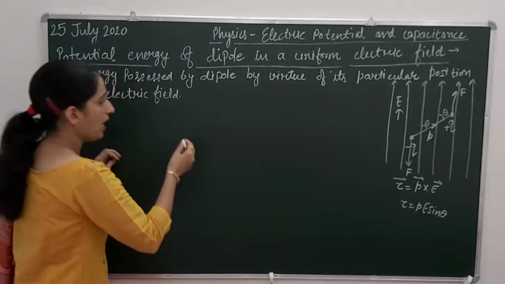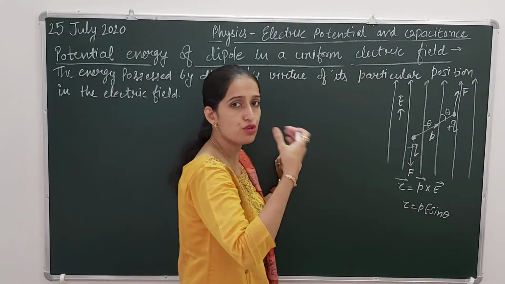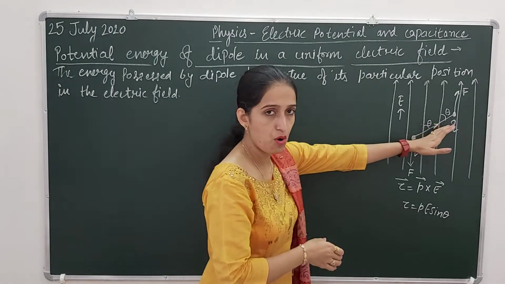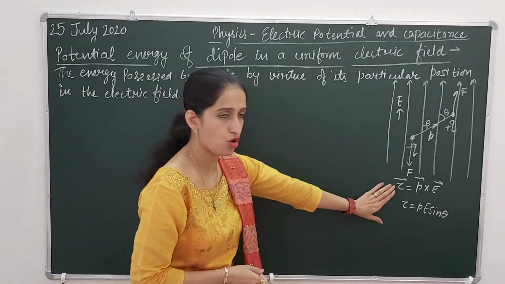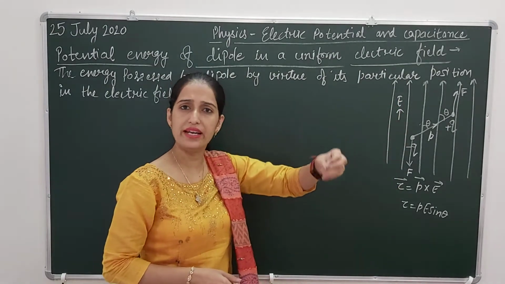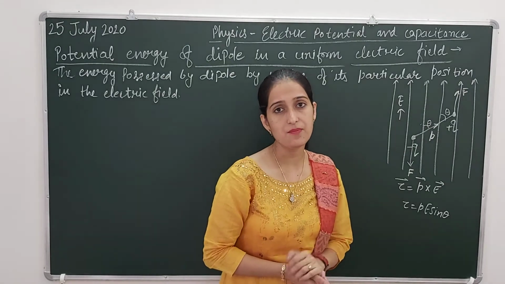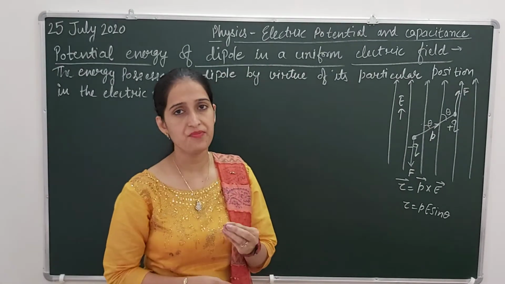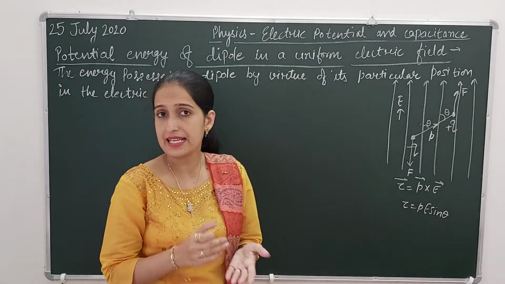Suppose I am trying to rotate this dipole through a small angle d theta against the torque acting on it, because whenever the dipole is present in the uniform electric field, a torque acts on it, and we want to change the position of the dipole in the field.